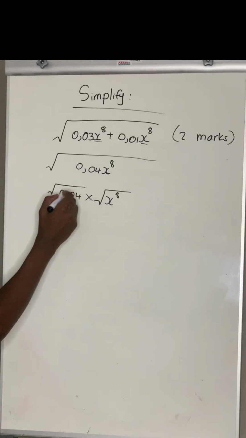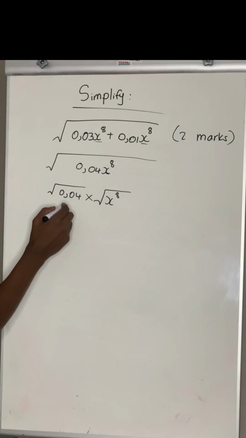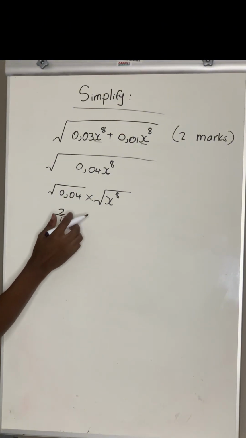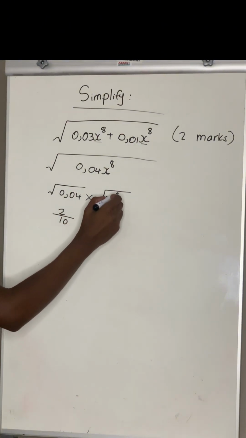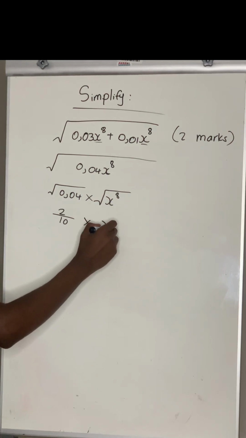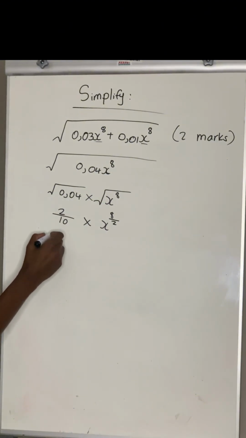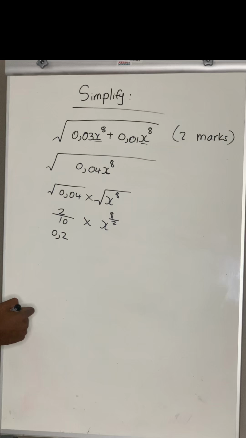You use your calculator, you find the square root of 0.04. You're supposed to get 2 over 10. This is what you get on your calculator, and then times this x exponent 8 will then be divided by 2. Now 2 divided by 10 is the same as saying 0,2.